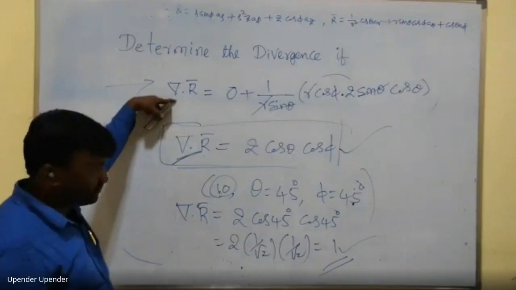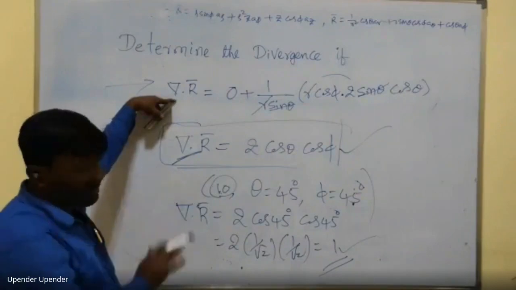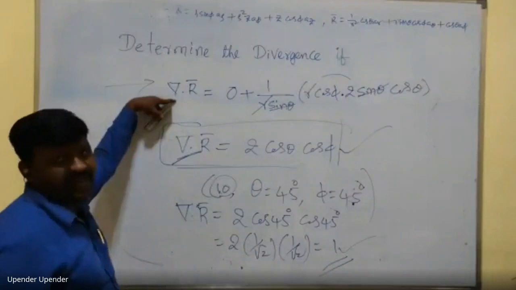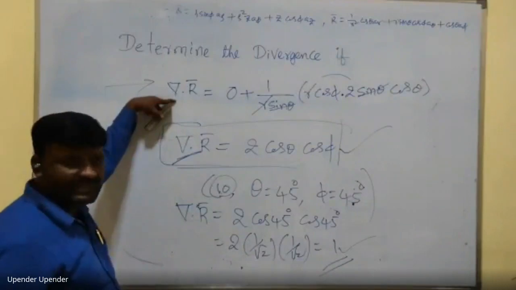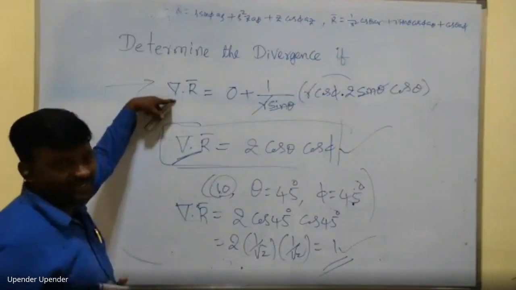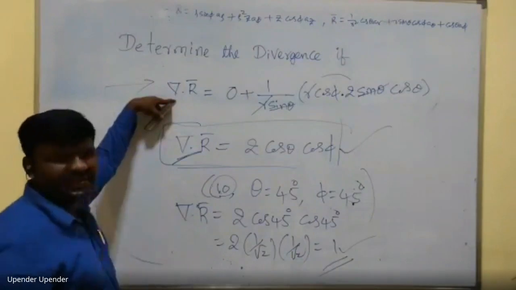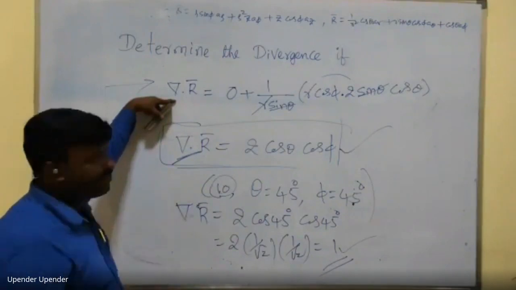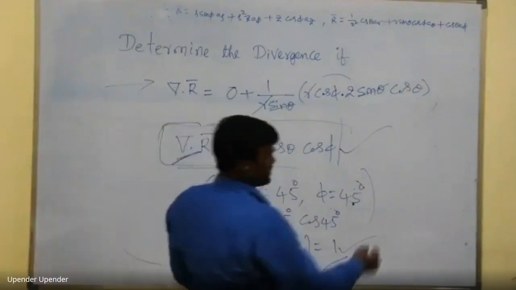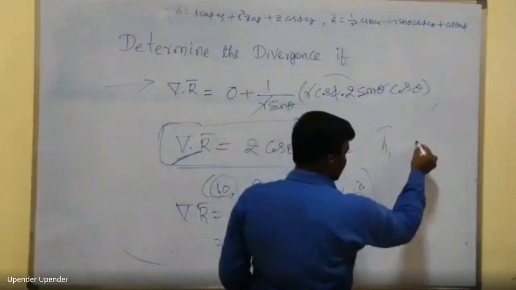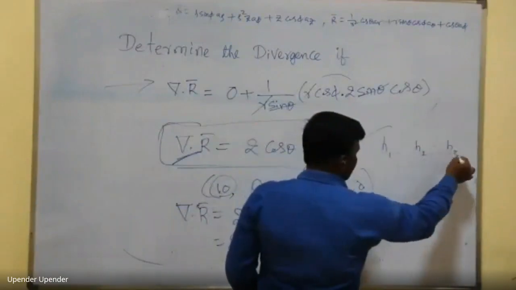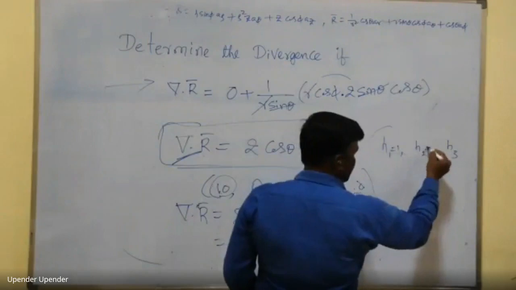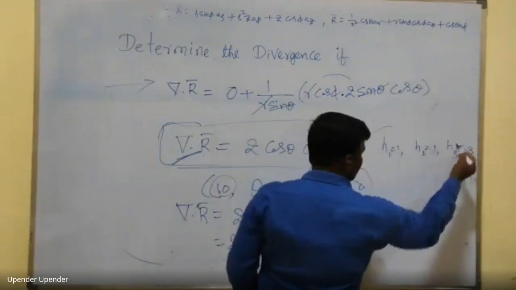In order to solve problems like this, we have to remember the formula of divergence in different coordinate systems. Of course, we can easily derive divergence in different coordinate systems by using h1, h2, h3. In Cartesian, h1 is 1, h2 is 1, h3 is 1.